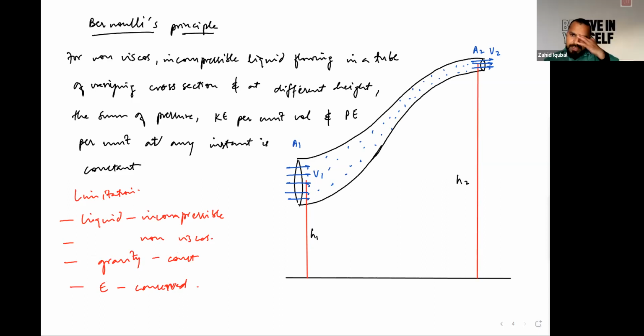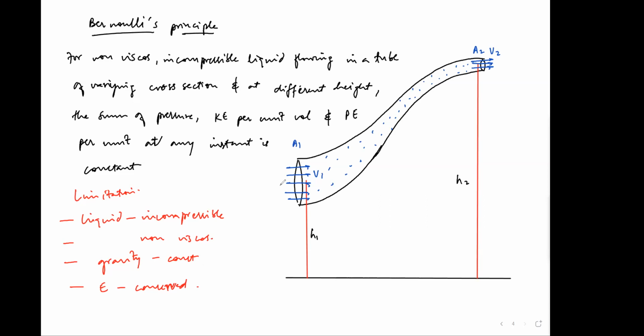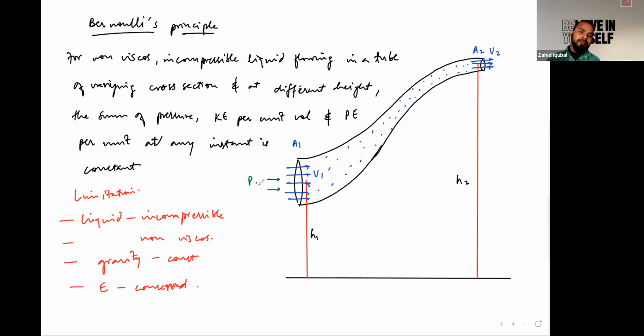So how to prove this statement? You will say we need an external agency to flow liquid from the lower end to the higher end. What is E? It is energy. So let's say pressure P1 at this end is applied and at this end P2.